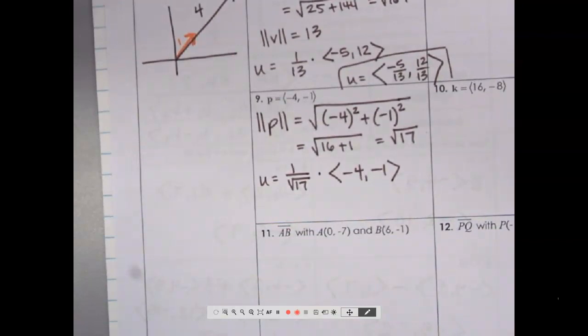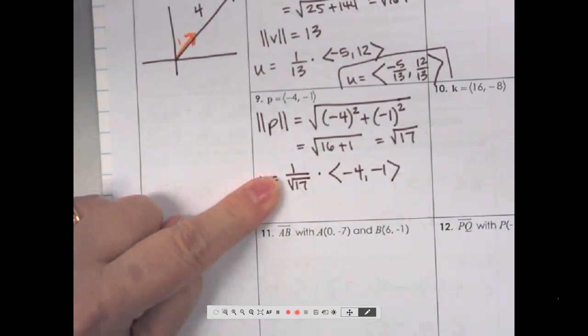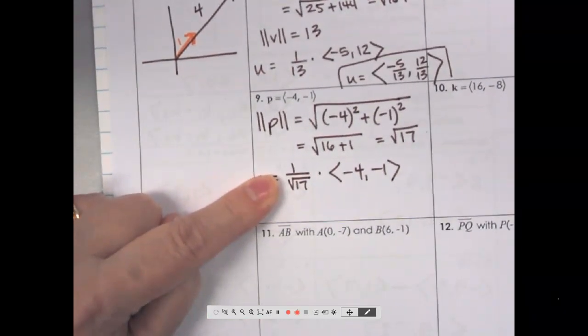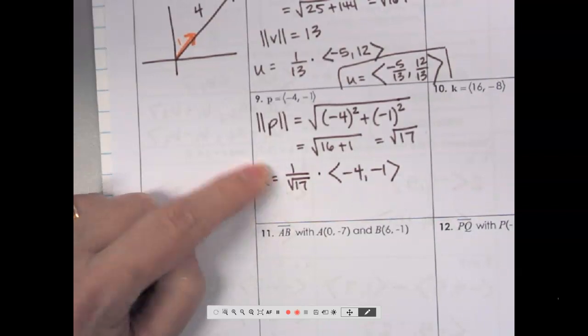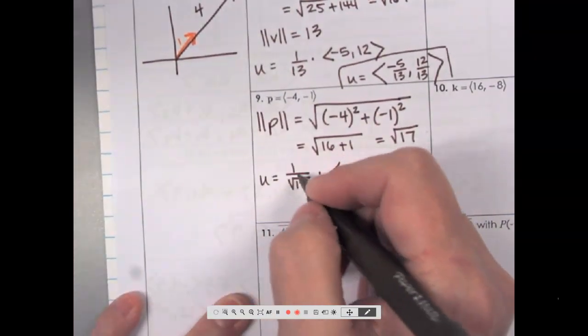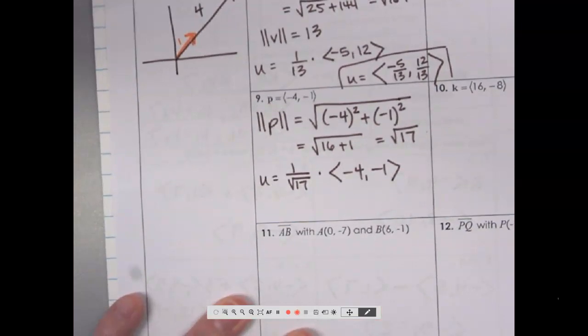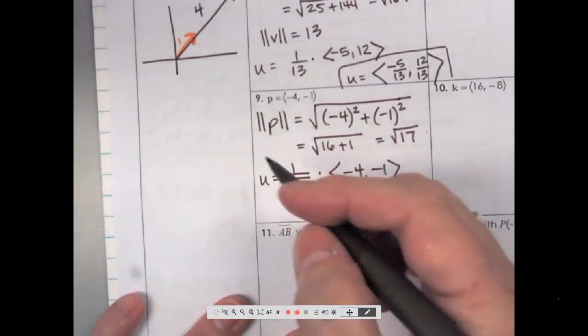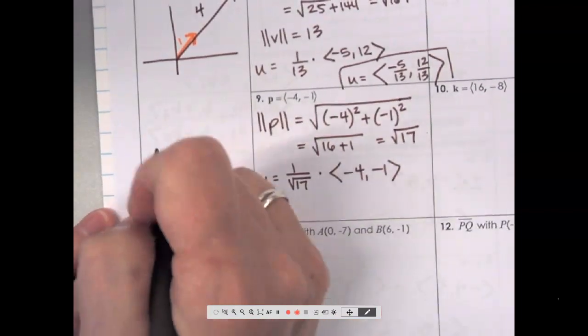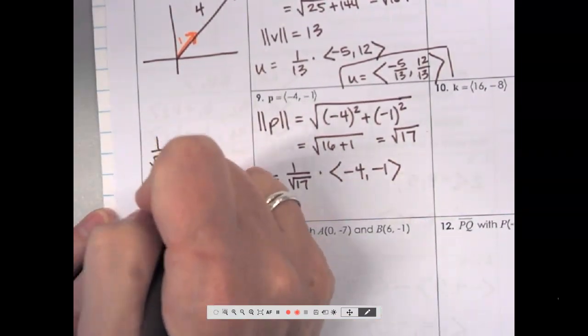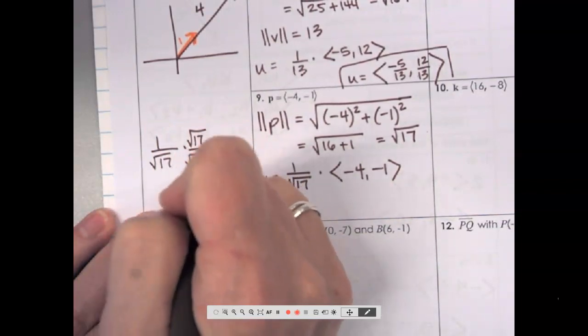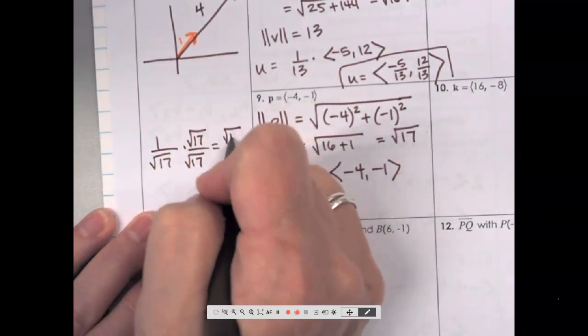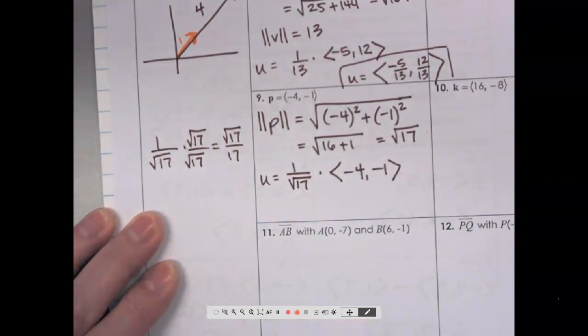I can do one of two things. I can go ahead and rationalize this number now and then multiply by it, or I can multiply and then rationalize. Which seems easier to you? There's not a right or wrong answer. Multiply then rationalize? Okay. If you prefer to do the other, go ahead and rationalize that. What do I mean by rationalize? Multiply by square root 17 over square root 17, so that I get square root 17 over 17.